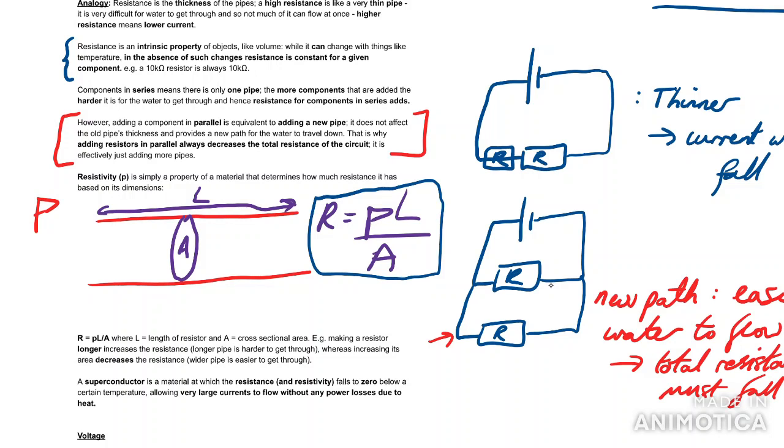While the resistance of something can change if you change the temperature, it's much more useful to think of resistance as just an intrinsic property, sort of like mass or volume, as in if a 10,000 kilo ohm resistor has that resistance, then it doesn't matter what circuit it's put in, it has that resistance. And the voltage and current are more sort of context dependent. So we'll talk about that in a second. But just remember that resistance of a certain component, in the absence of any other changes, will be just constant.